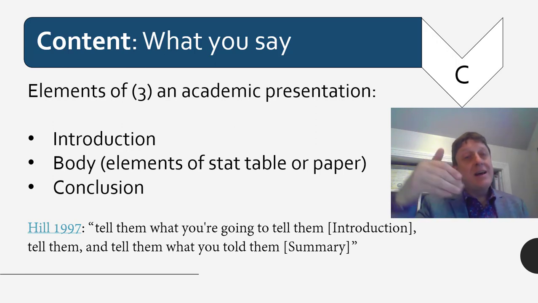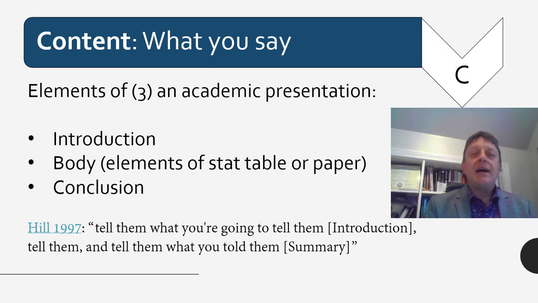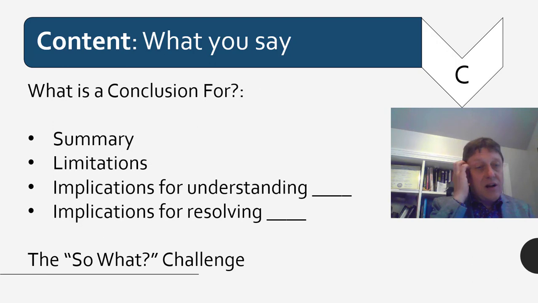In an introduction, stated in the form of a question. In the body, stated in the form of an answer. And in a conclusion, what can you talk about? You can talk about limitations. You can talk about implications for understanding and an implication for resolving whatever it is, this issue that you have.